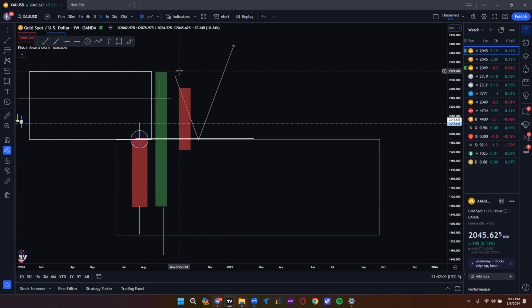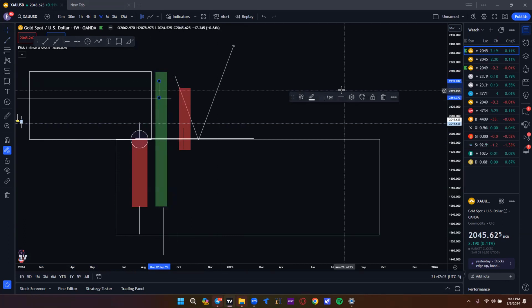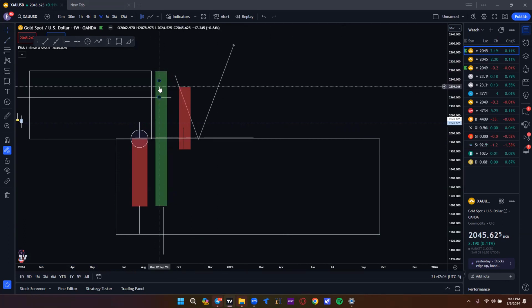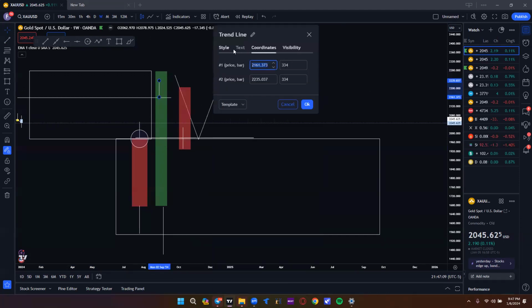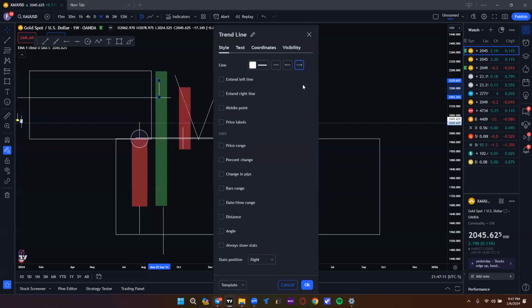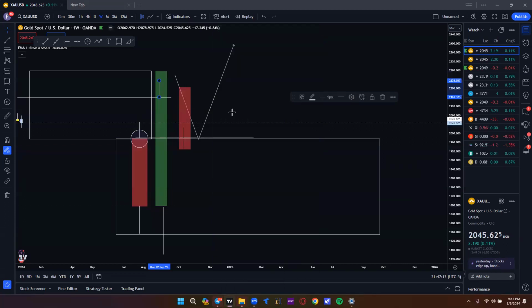There's something here that price gave us to indicate that we want to go above this line. And then any pullback down is an opportunity to get involved.